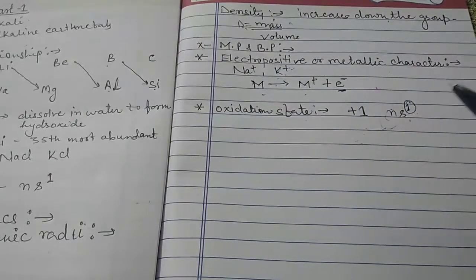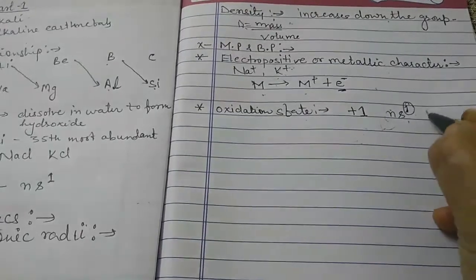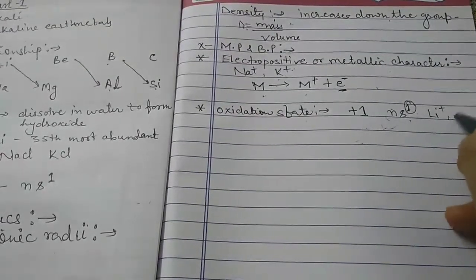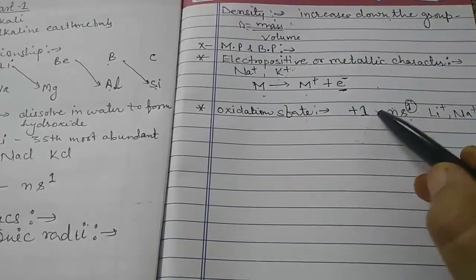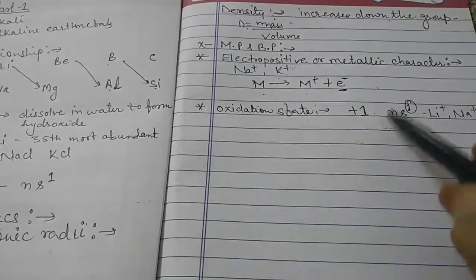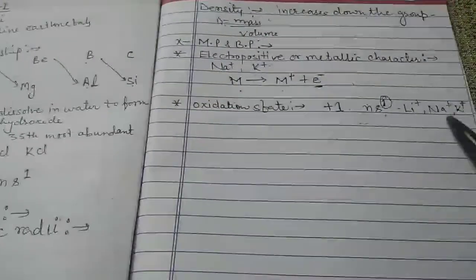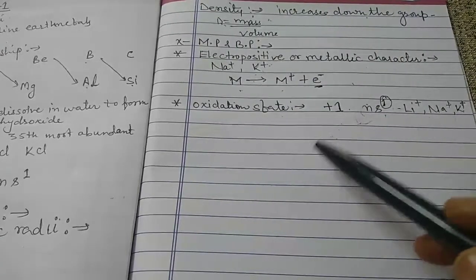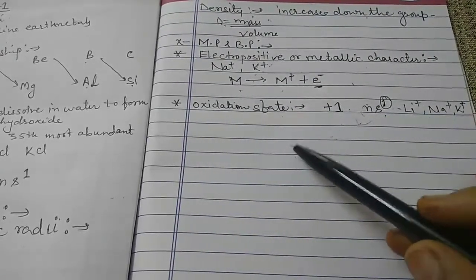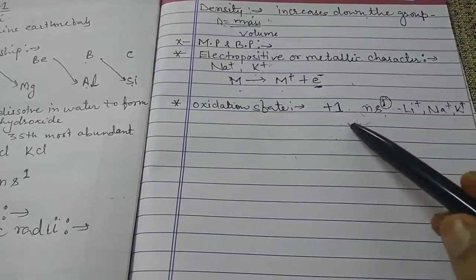Monovalent means one plus charge. For example, they form Li+, Na+, K+, because they have only one electron in the outermost orbit, so they easily lose this electron and become monovalent cations.